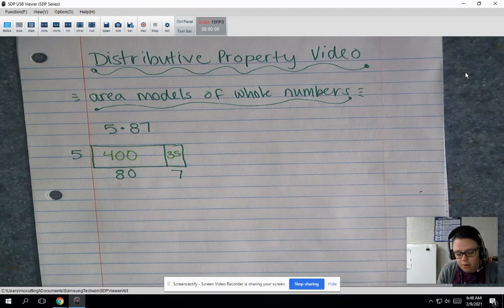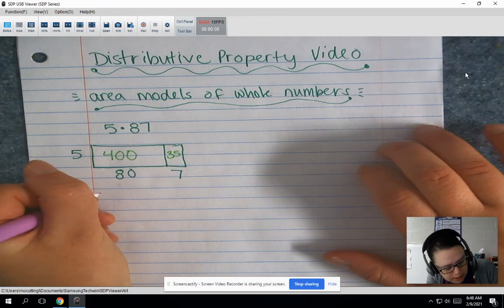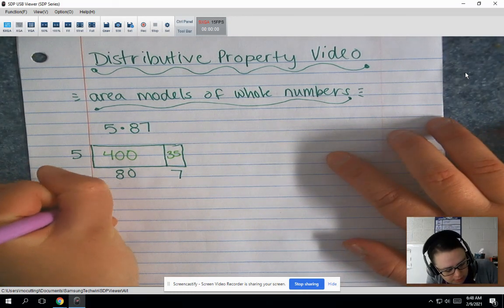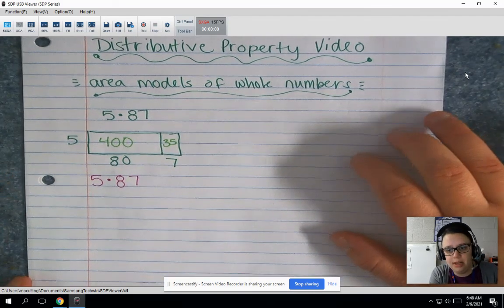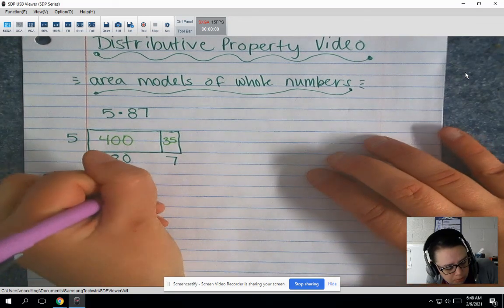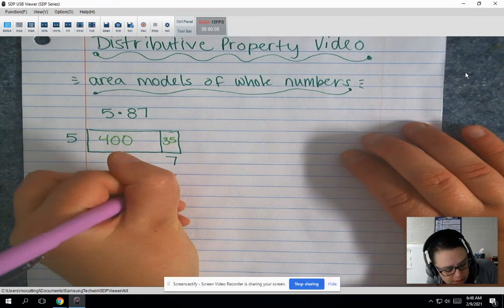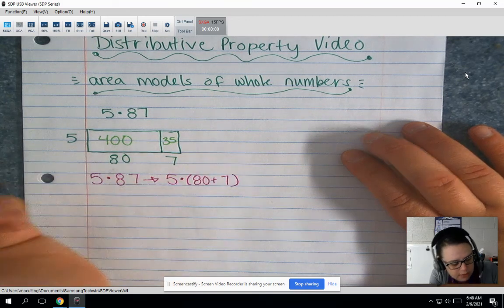Okay, so then we're going to write out what we did, which is 5 times 87. This is our distributive property sentence, the long thing we've been writing out. In our area model, we cut that into 5 times 80 plus 7.